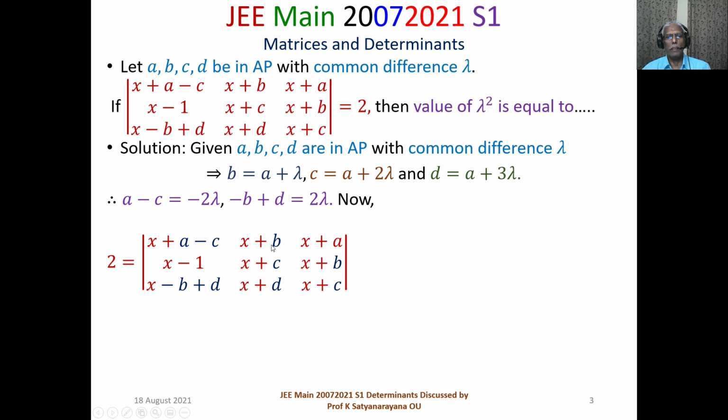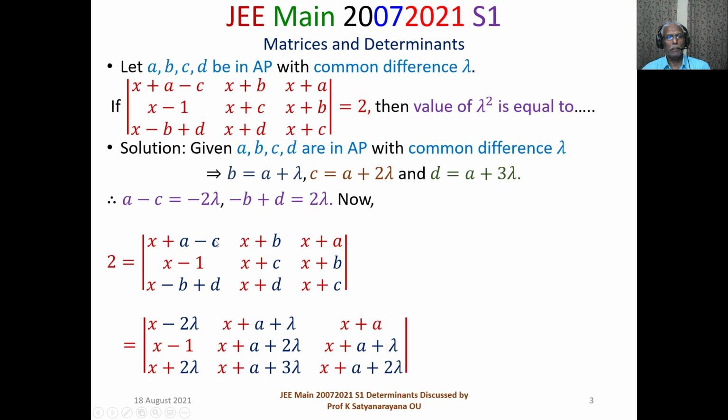For C we write A plus 2 lambda. For D we write A plus 3 lambda. So that is the matrix in terms of lambda.